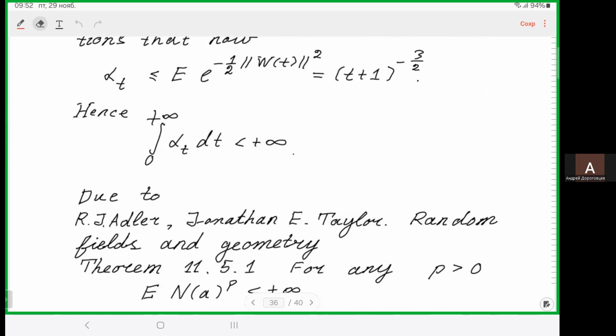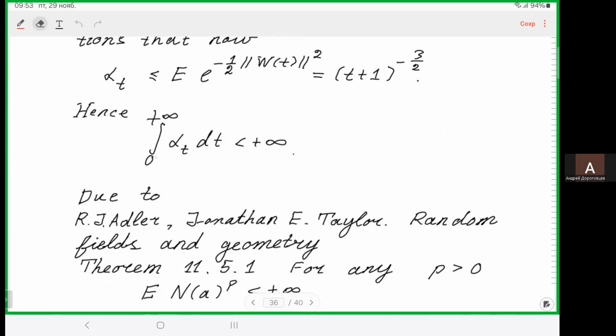And it is checked in the book of Adler and Taylor, Random Fields and Geometry, that for a Gaussian random process with smooth covariance, such an expectation, here you see the higher moments of the number of crossings, is finite. It is interesting because the Rice formula actually is only for the first moment of the number of crossings, but it can be modified in order to get such kind of expectation. And it was done in that book.